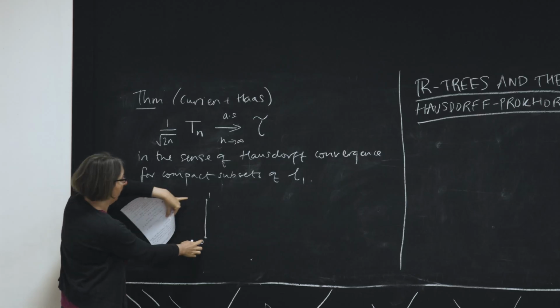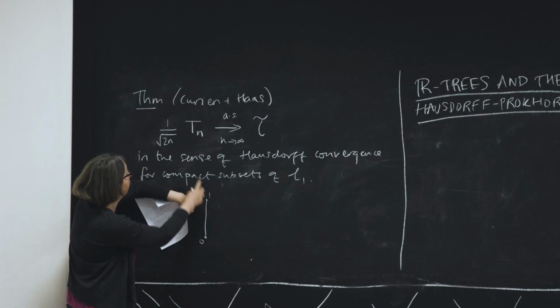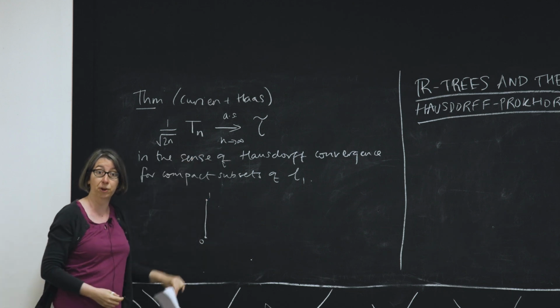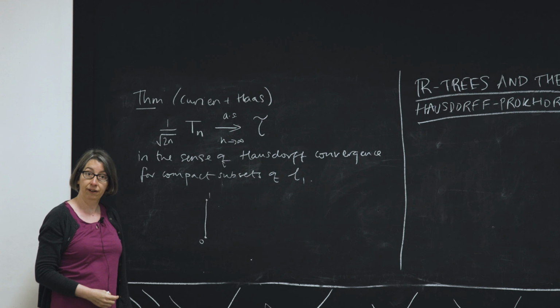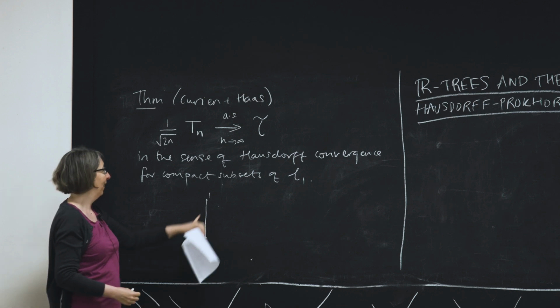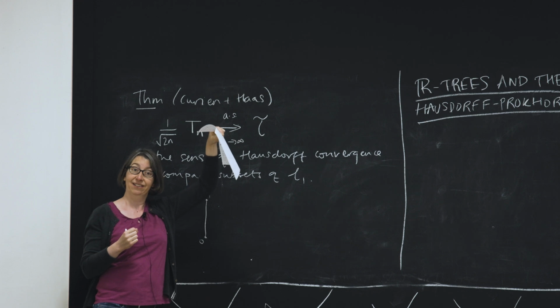Remember that if we looked at the distance between 0 and 1 and rescaled by 1 on square root of 2n, this was converging almost surely. But did we scale T, the big T, which we defined as the closure of f of... This has already got the limiting lengths in it.